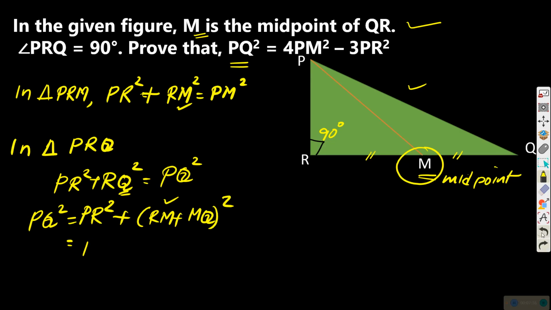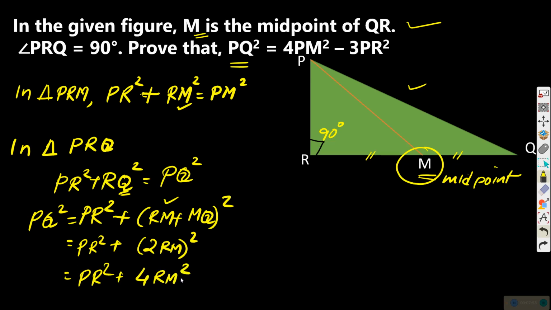So, PR square plus RM plus MQ can be written as 2RM square because we are having a link. PR is there in both equations, both the triangles, but now we are taking another side.